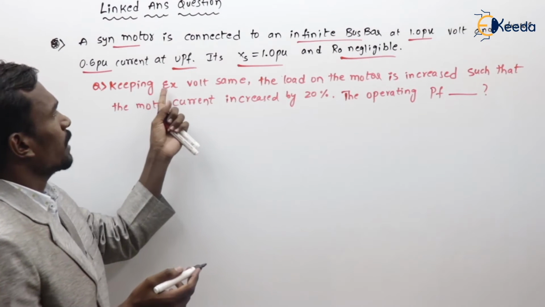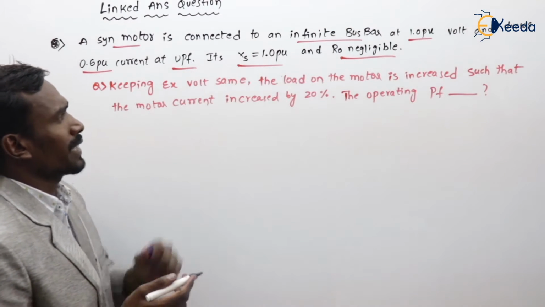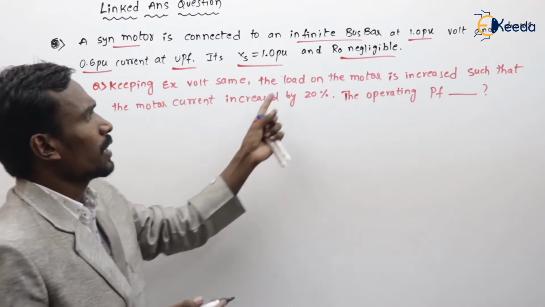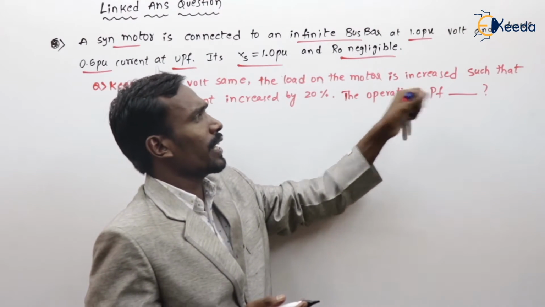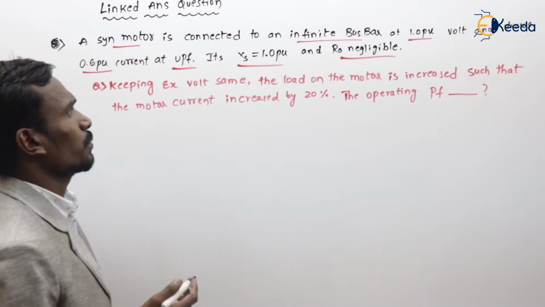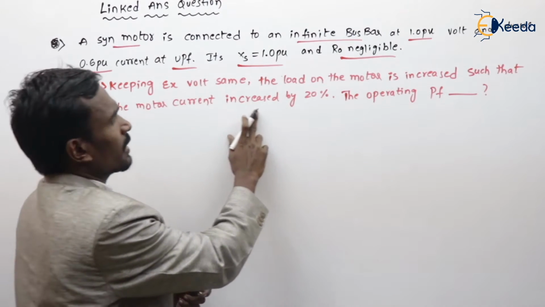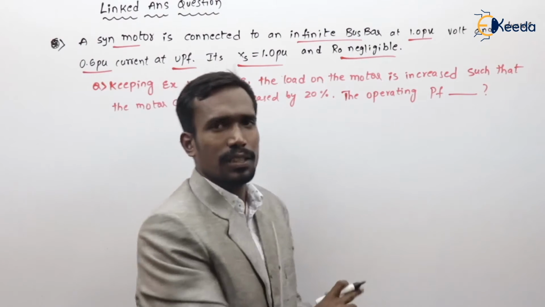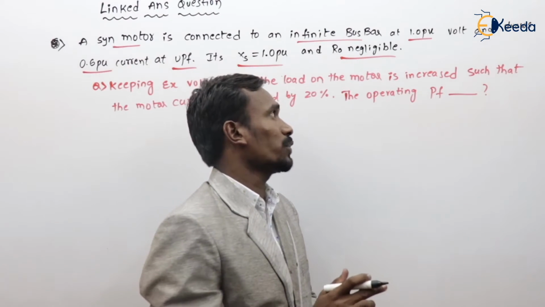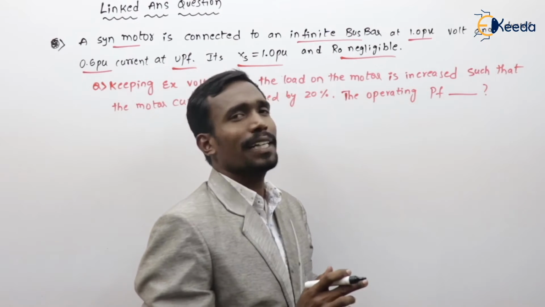Okay, next question, same data. Keeping excitation voltage the same, the load on the motor is increased such that the motor current increases by 20%. Tell me the operating power factor.